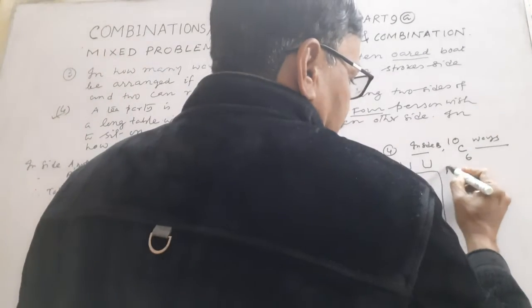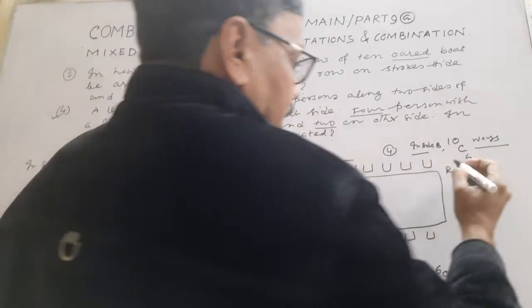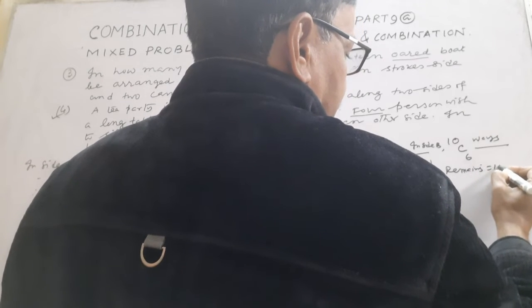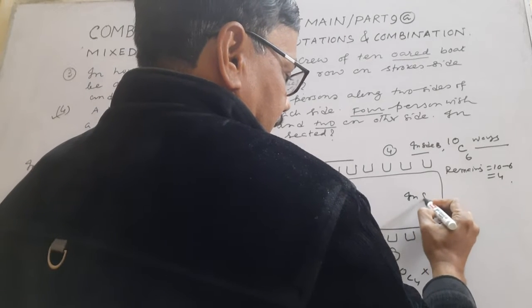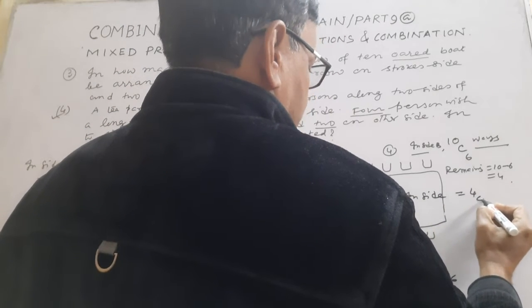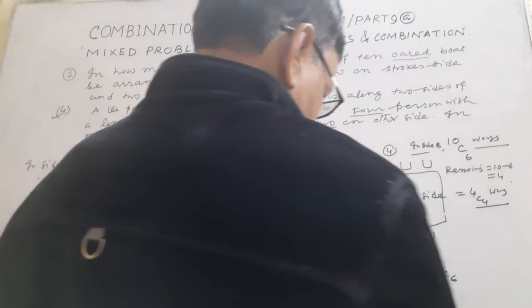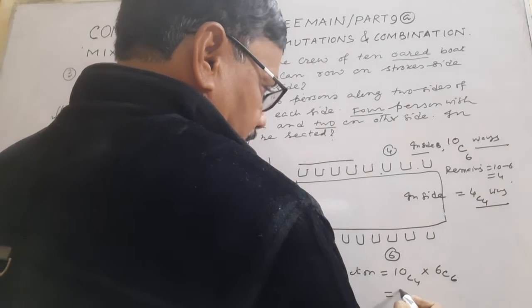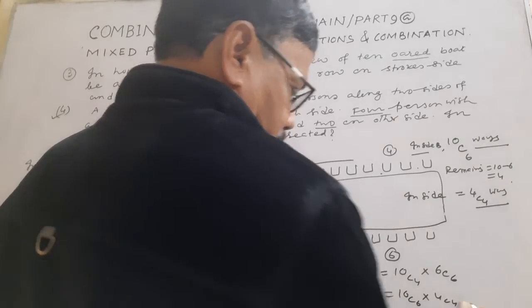So remaining persons, what are the remaining persons? 10 minus 6 equals 4. So inside A, they can be selected in 4C4 ways. So total selection in this case is 10C6 into 4C4.